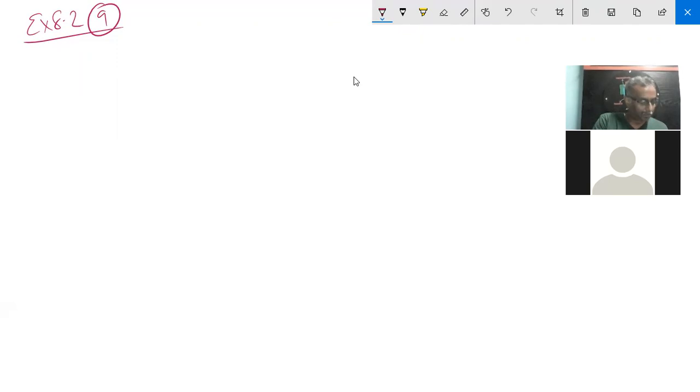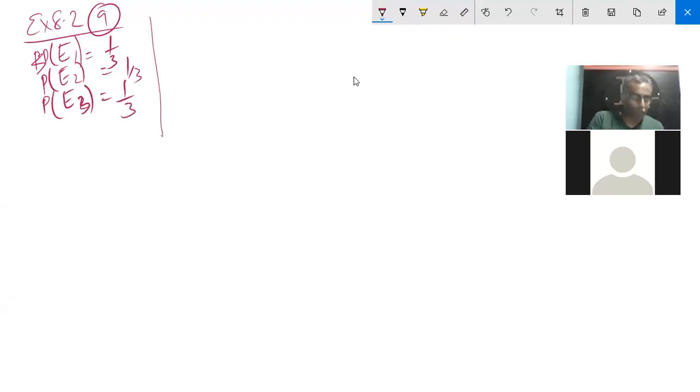We should assume each of them has an equal number of bulbs. So E1, E2, E3 are the boxes: P of E1 1/3, P of E2 1/3, P of E3 1/3. Equal number of bulbs in each box, same type of box.